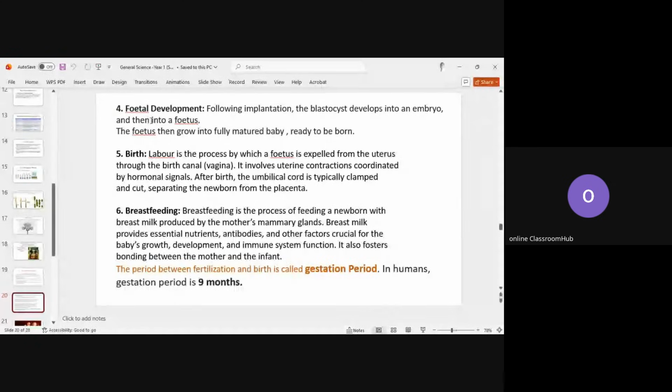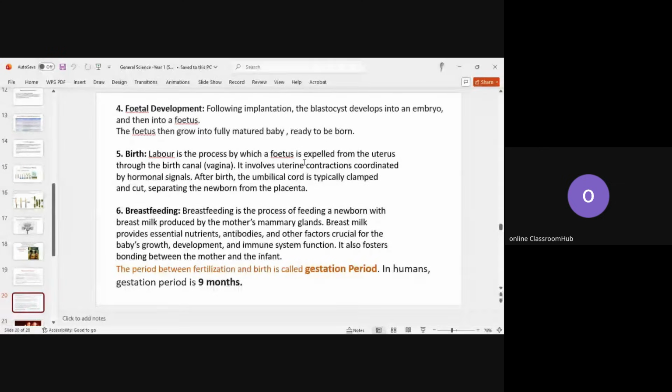So after the fetal development, where the baby is fully matured, then the fifth step is labor. Labor is a process by which a fetus is expelled from the uterus through the birth canal, also called the vagina. So when the baby is fully developed, the uterus will say, now you can go. I don't need you any longer. You are too big for me now to handle you, so leave my house.